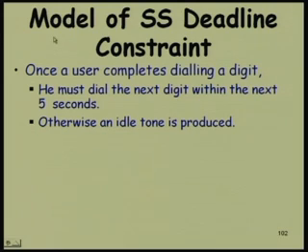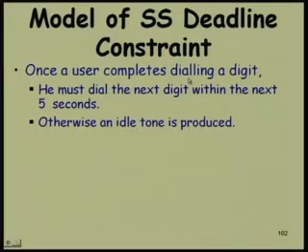Now, let us try to construct a model for the deadline constraint. The example that we had discussed is that after the user completes dialing a digit, the next digit must be dialed within 5 seconds, otherwise the behavioral constraint is violated, and the system will produce an idle tone.